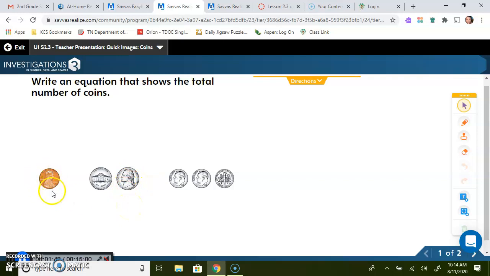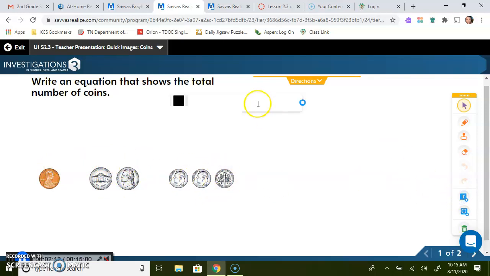Good. Pointing here, 1 penny. Which of these is a quarter? Ooh, did I trick you? There's not any quarters up there. What are these 3 called right here? Yes, these 3 are called dimes. So we have penny, nickel, dimes.